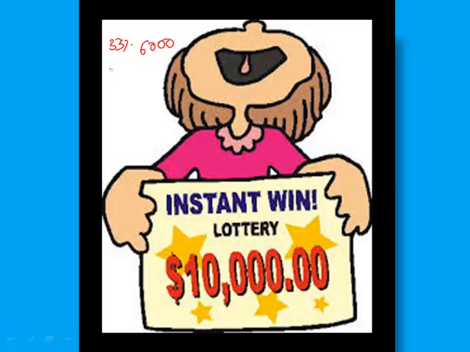Option number 2, lottery number 2: 20% chance that you will win 11,000, 80% chance that you would get 0, nothing. Which one of these lottery systems would you prefer?